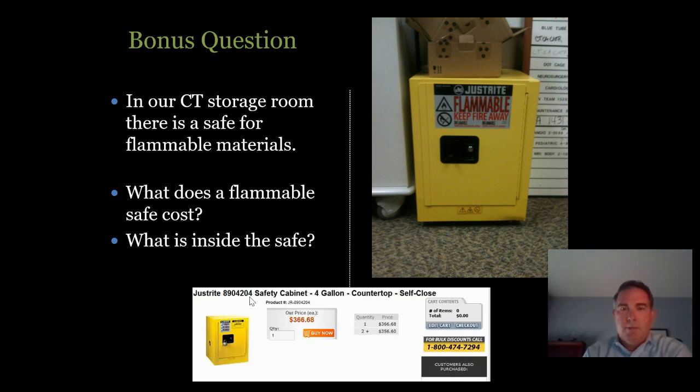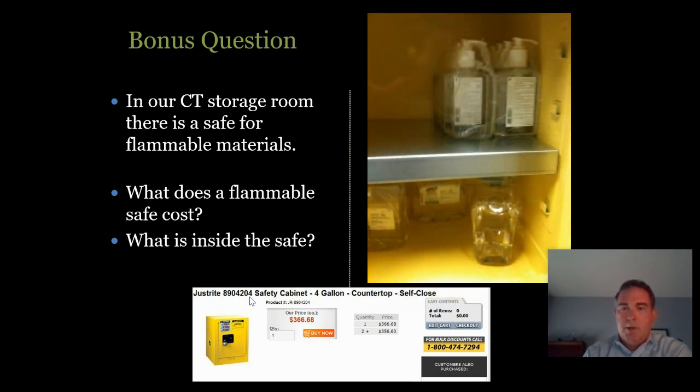I think I looked, it was like a $400 safe. So then, even more intrigued, I had one of the CT techs find the key and unlock it for me to show me what was inside. And it was Purell. So I guess it's a hospital safety thing that you can't store that stuff on the shelf. Thought that was amazing.